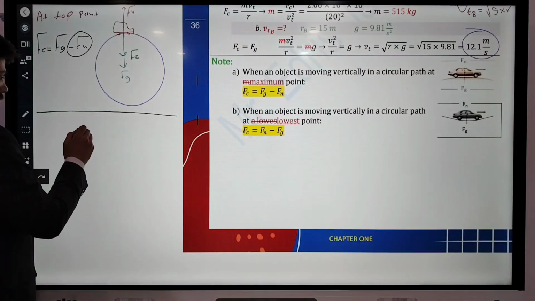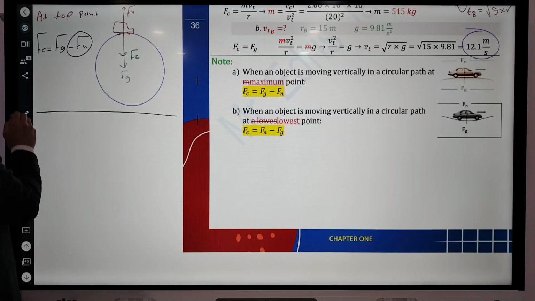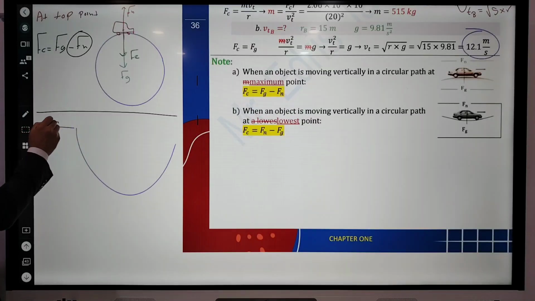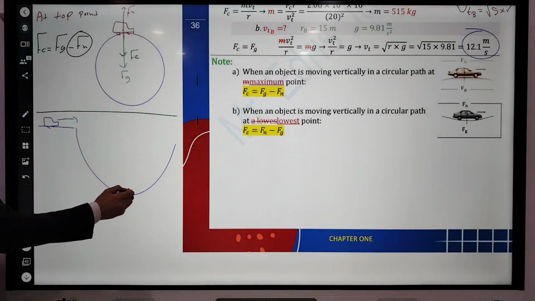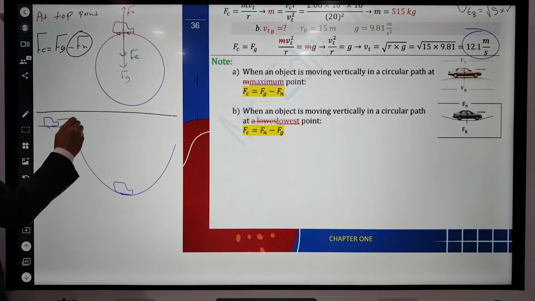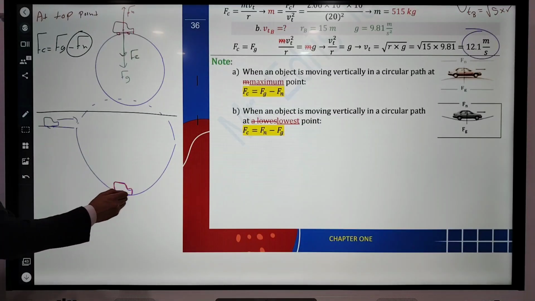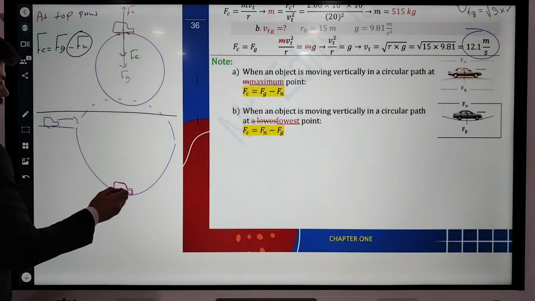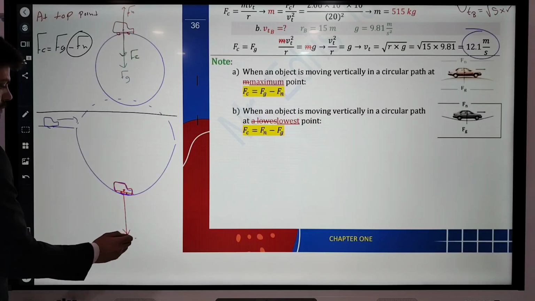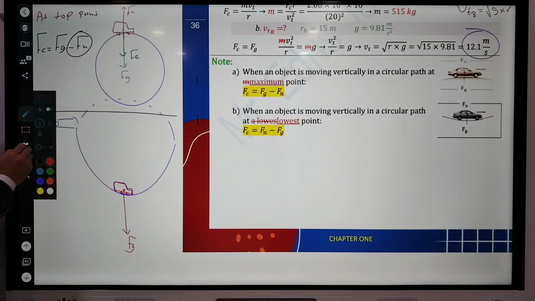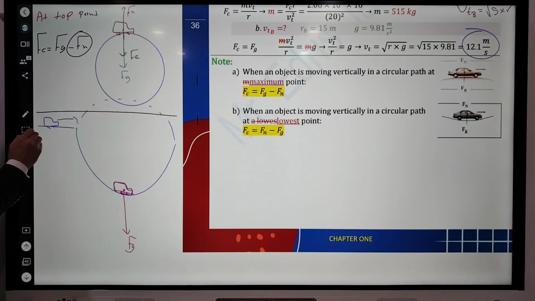For example, when a car is moving and tracing the circle, this car has a gravitational force always downward. At the top, also downward. At the bottom, at the lowest point. Object at lowest point.